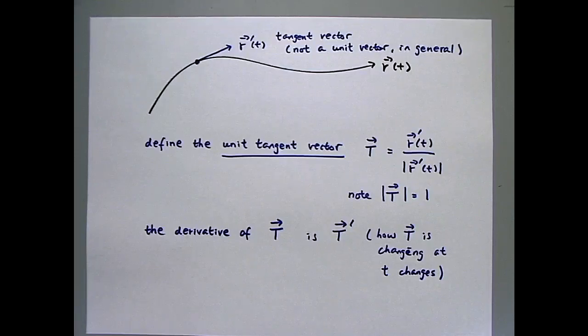If you're shaking your head, and that means no, then you're right. Now, why is it not a unit vector? Can you give me an example where T is a unit vector, but the derivative is not?